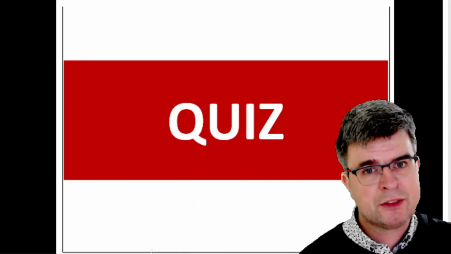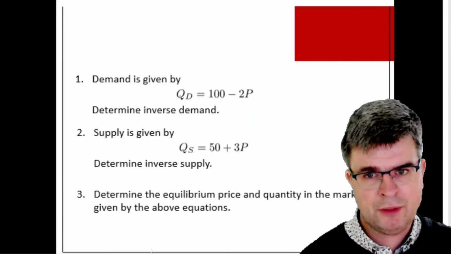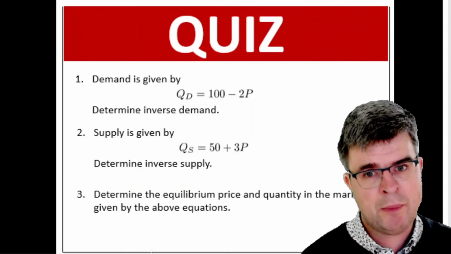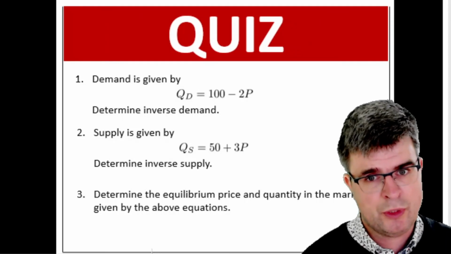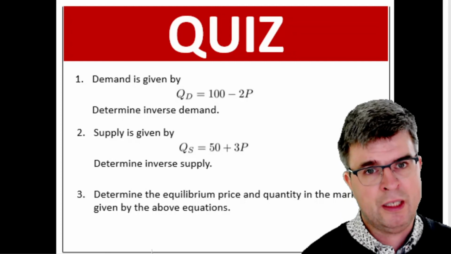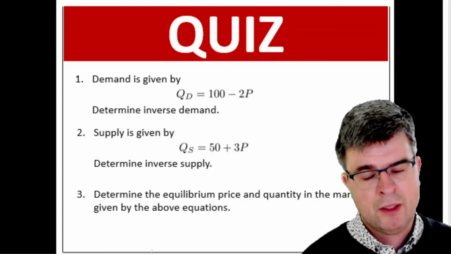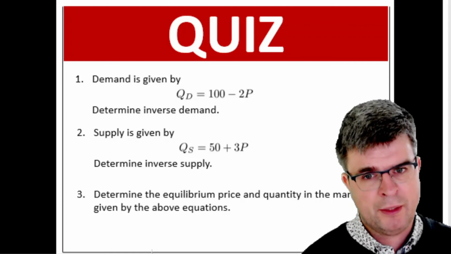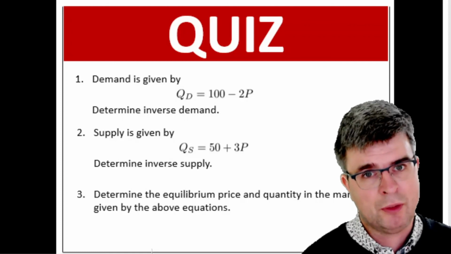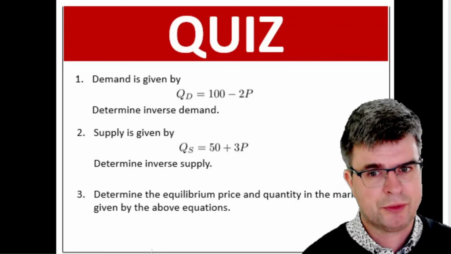And this brings us to the first quiz. The question is, if demand is given by the equation QD = 100 - 2P, determine the inverse demand function. Second question, if supply is given by the equation Qs = 50 + 3P, determine the inverse supply function.